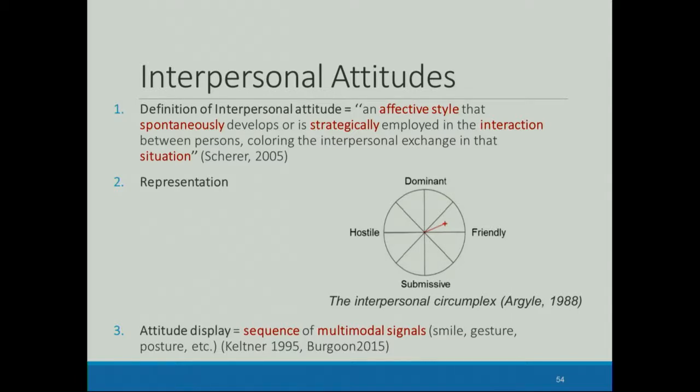What is important here in this social stance is the notion of style, which means that it pervades the whole interaction, the way you move, and it colors the interaction. So it's not shown by just one signal, like a polite smile or a positive smile. It really colors the whole behavior.